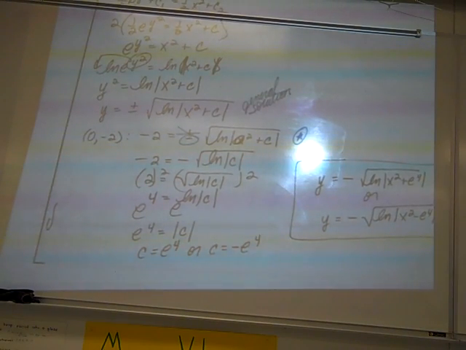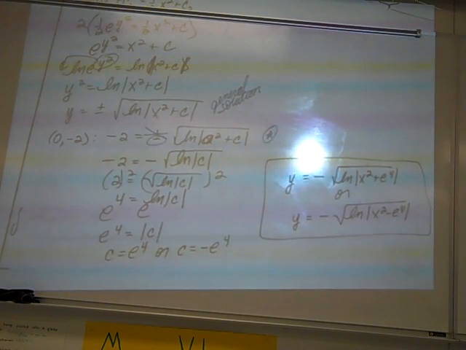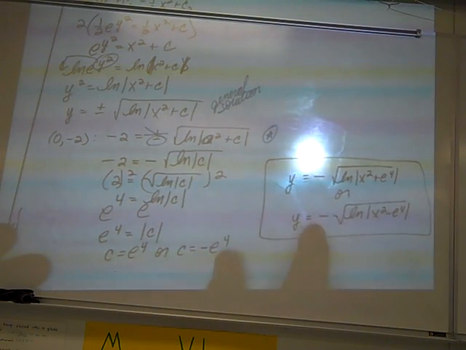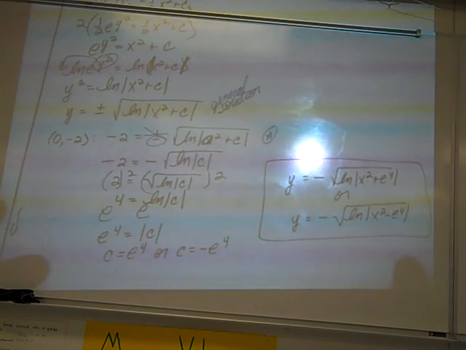Yes, technically, based on the information that we're given, your answer could be one or the other one. In order to make a final decision, you'd have to be given another point. I don't want to belabor that point too much. You've done a great job. You solved a really tricky differential equation. I think this generally goes beyond the scope of anything I've seen on the free response portion of the exam, and we're good.